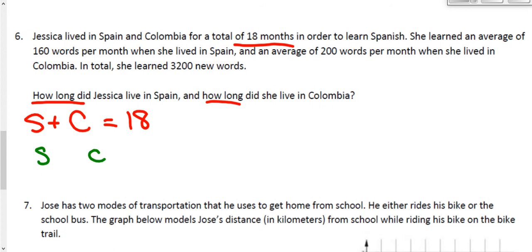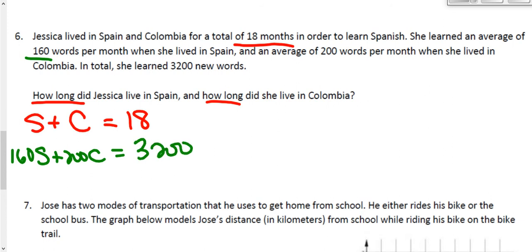So in Spain, she learned 160 words each month. So if S is the number of months, she learned 160 times S. In Colombia, she learned 200 words per month, so that's going to be 200 times the amount of months in Colombia. And if we add those together, we get the total number of words she learned, which is 3,200.